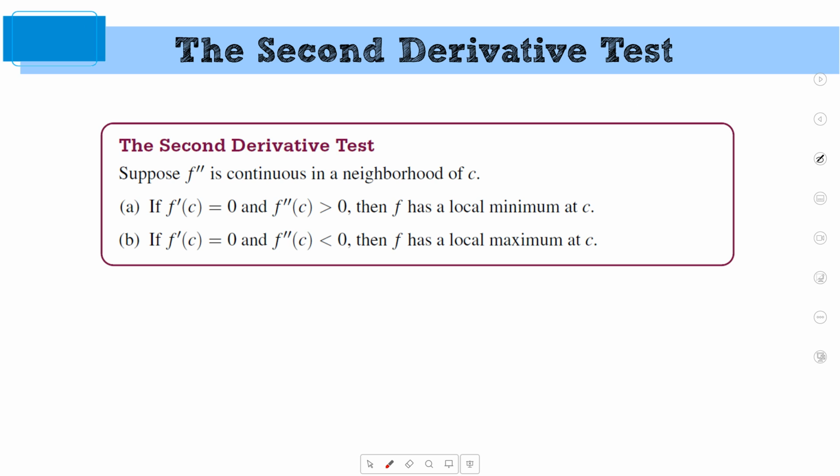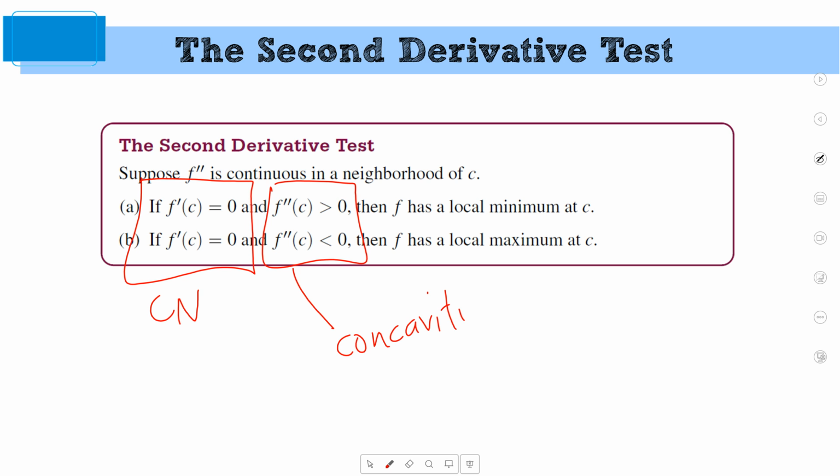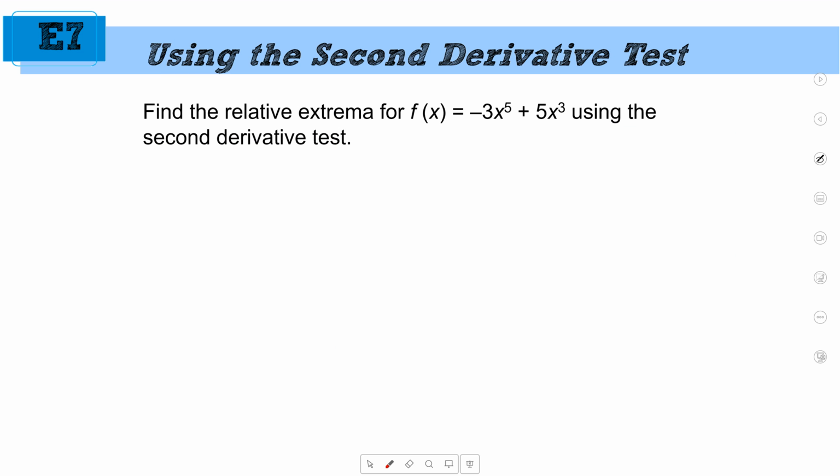Okay. Oh, by the way, there's the second derivative test. This is the critical numbers. This is the concavity. And again, some knucklehead is going to give you a problem where they require that you use the second derivative test.